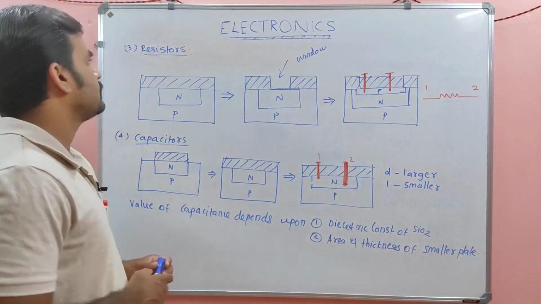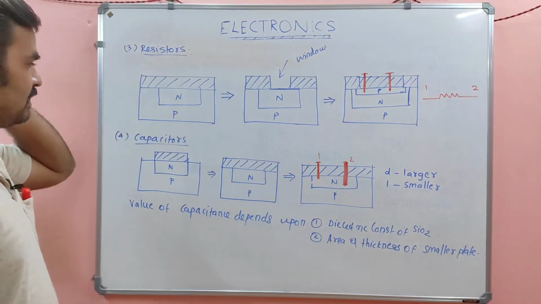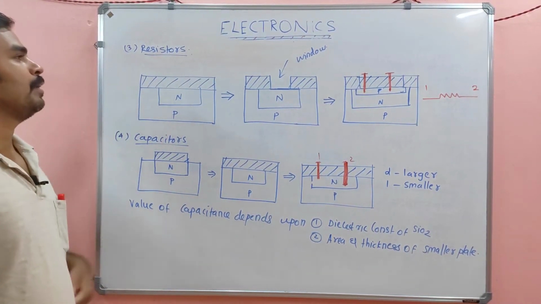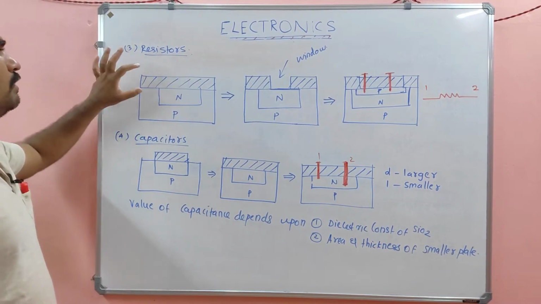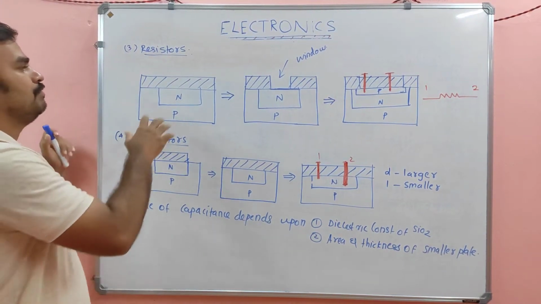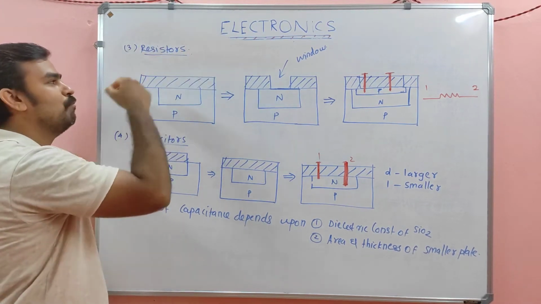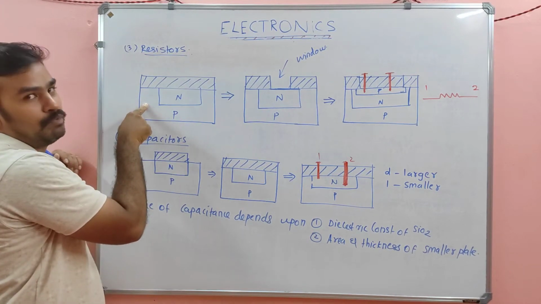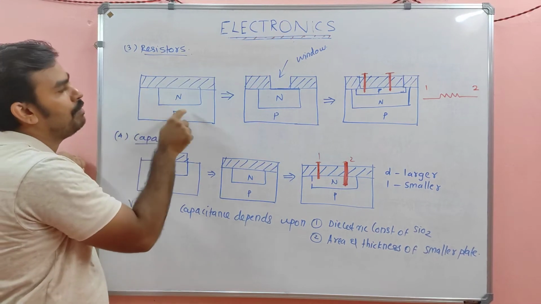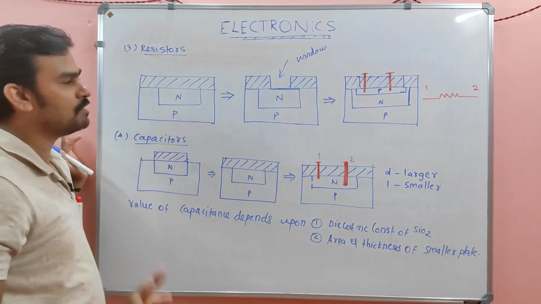Now we are going to discuss how we can implement resistors and capacitors, right? For the same procedure, for a resistor also, we form an epitaxial N layer, etch this portion, and add some trivalent impurity so that the complete P is formed. Up to that there is no change.